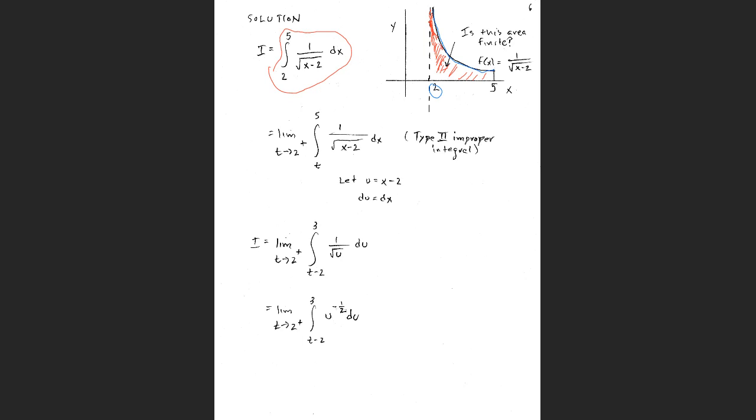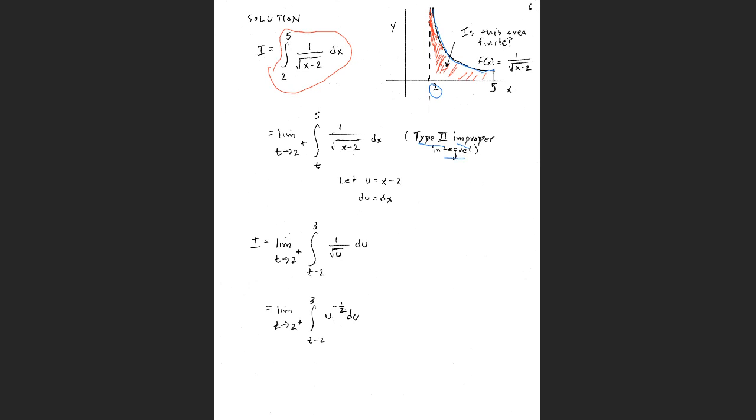How fast does the area accumulate: at a rate at which the area becomes infinite, or slowly enough so that the area becomes finite? That's what we've got to figure out. This is what's called a type 2 improper integral.